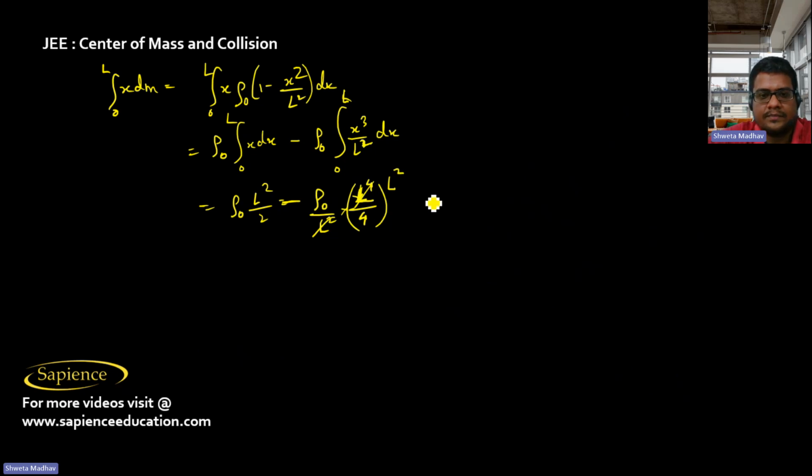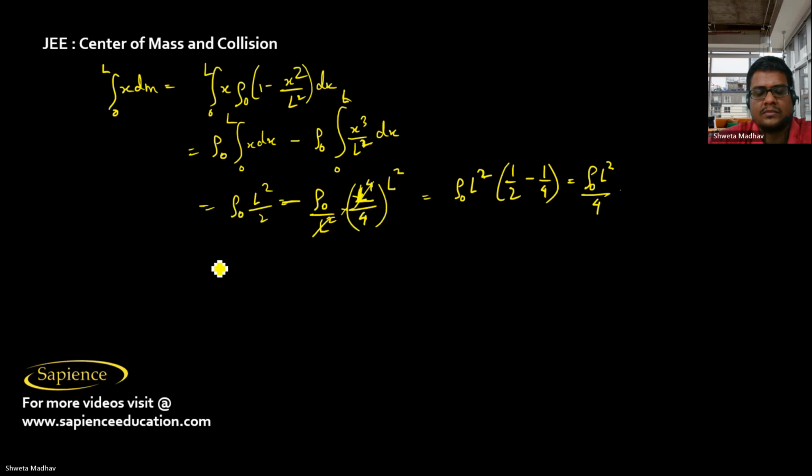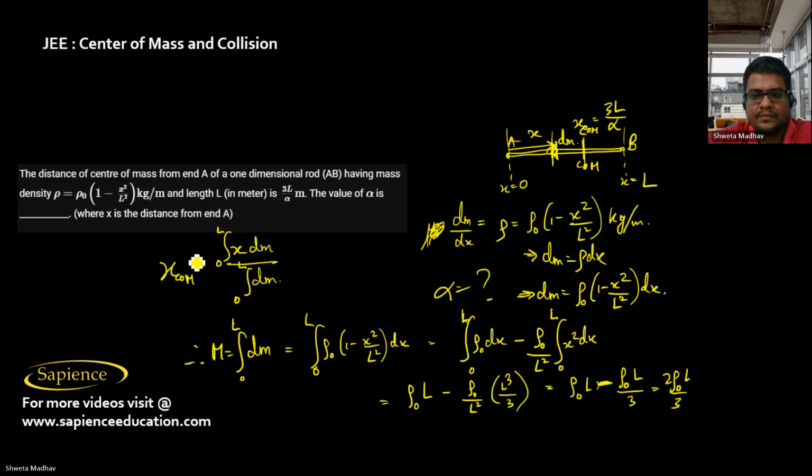So this will be rho naught L square into half minus 1 by 4, which is rho naught L square by 4.